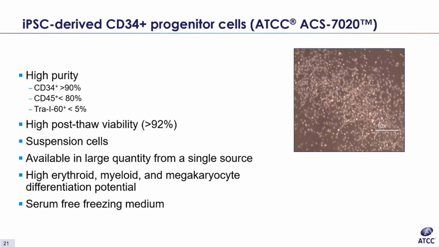These cells show high purity and post-thaw viability. They are suspension cells and are available in large quantities. As CD34 positive cells, they show high erythroid, myeloid, and megakaryocyte differentiation potential. They're also cryopreserved in serum-free media.